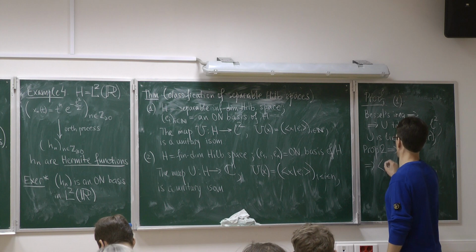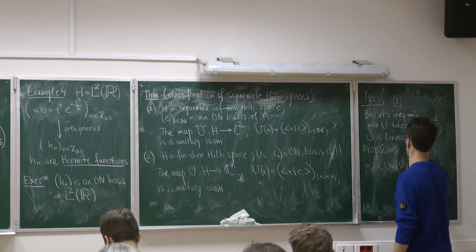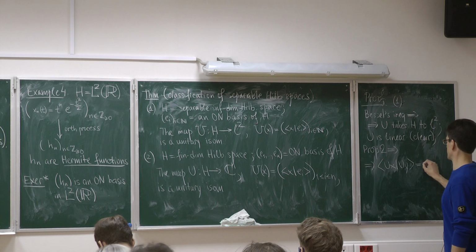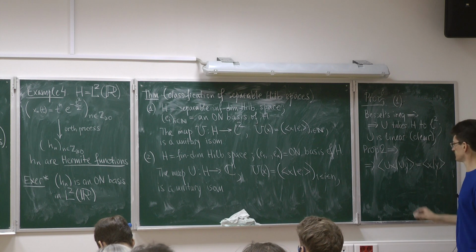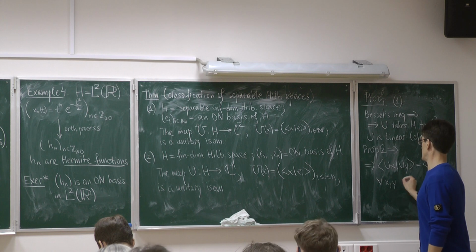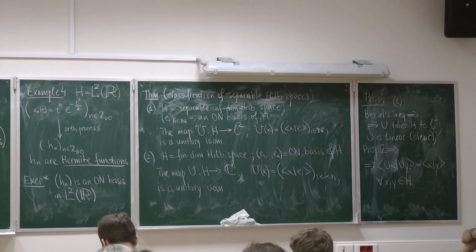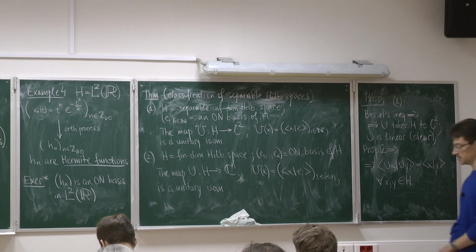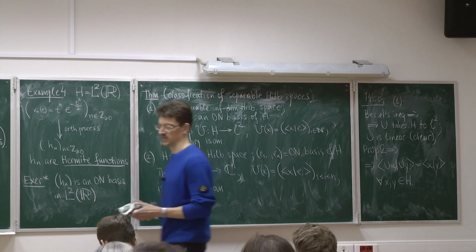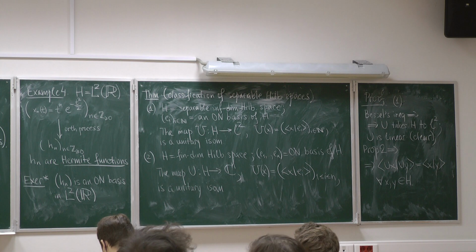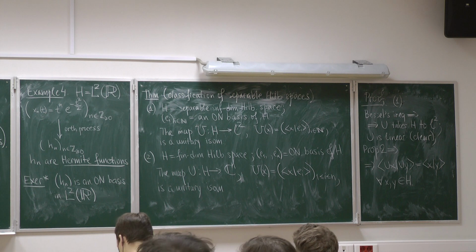The inner product of Ux and Uy taken in l2 equals the inner product of x and y in H, for each x and y in H. So to complete the proof, we must show that U is surjective. It preserves the inner product, so it is isometric. As a corollary, it is injective. And now we have to prove that it is surjective.